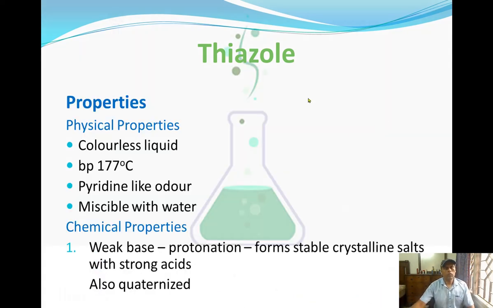Next we'll go for the properties. In the physical properties, thiazole is a colorless liquid with a boiling point of 177 degrees centigrade. It has a pyridine-like odor, and it is miscible or soluble in water.